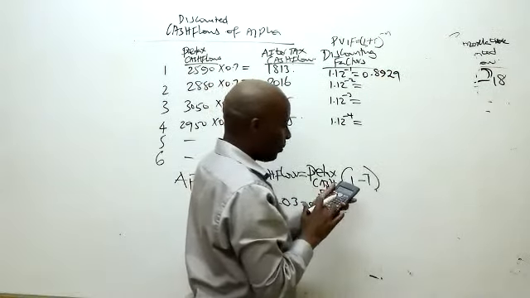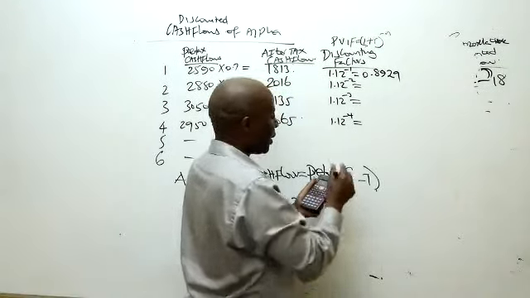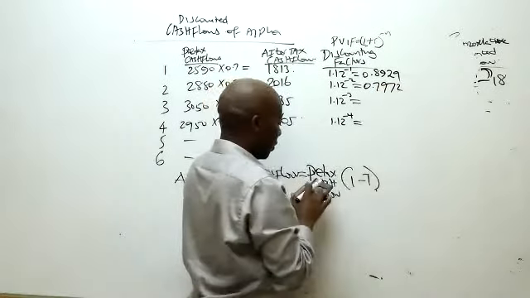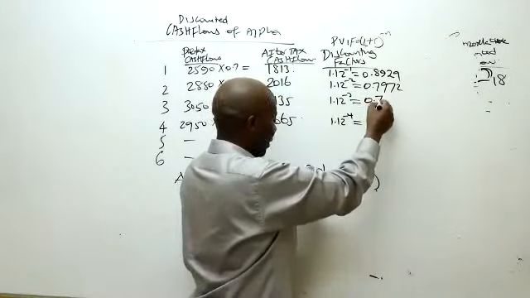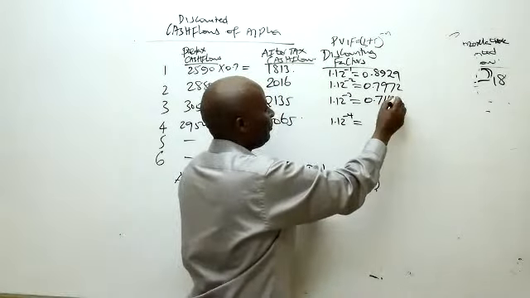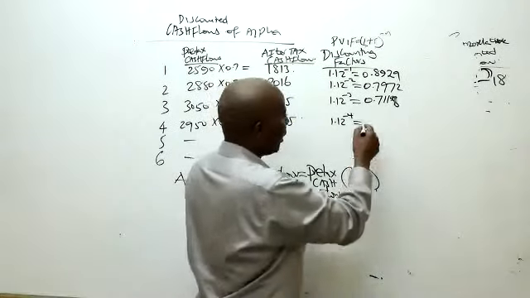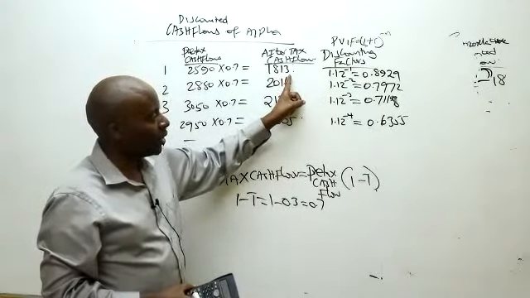Then 1.12 raised to negative 2 gives us 0.7972. Raised to 3, 0.7119. And raised to power 4, we have 0.6355.